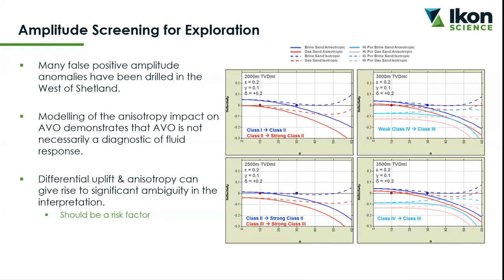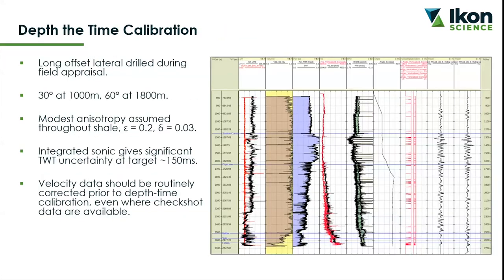Thinking about depth to time calibration, if we are in a situation where we have no check shot control, for example, very often we will find that people will apply integration to convert the velocity log into a time series, and that will then be used for the depth conversion. Now, if your well is inclined, such as it is in this case, out to 60 degrees, then there's a significant non-vertical component of that velocity.